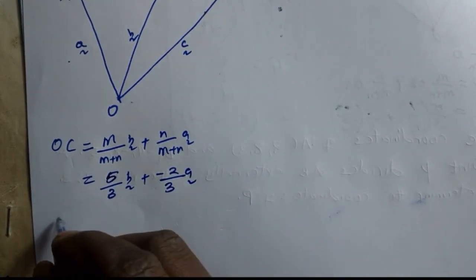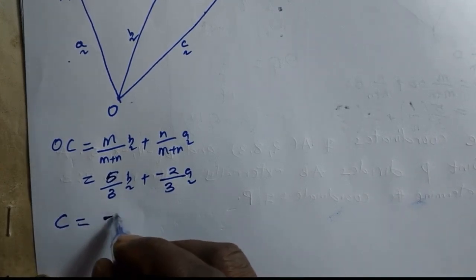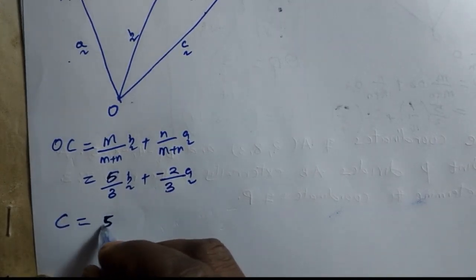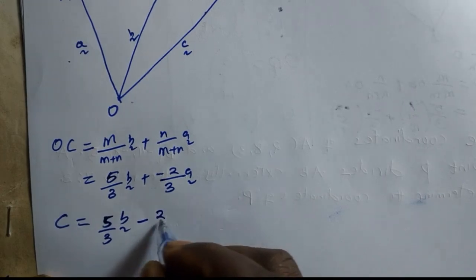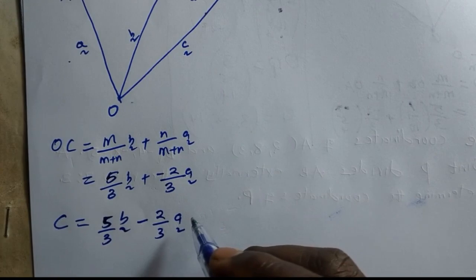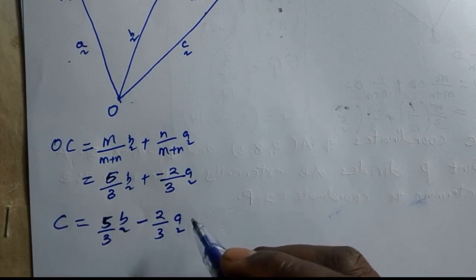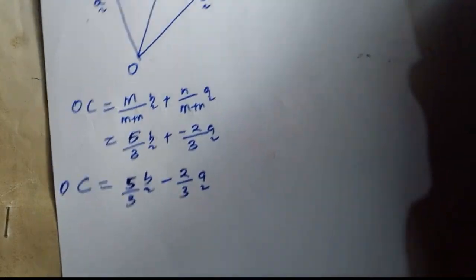So this is the same as OC equals 5b over 3 minus 2 over 3 a. This is the position vector of C, OC, in terms of a and b.